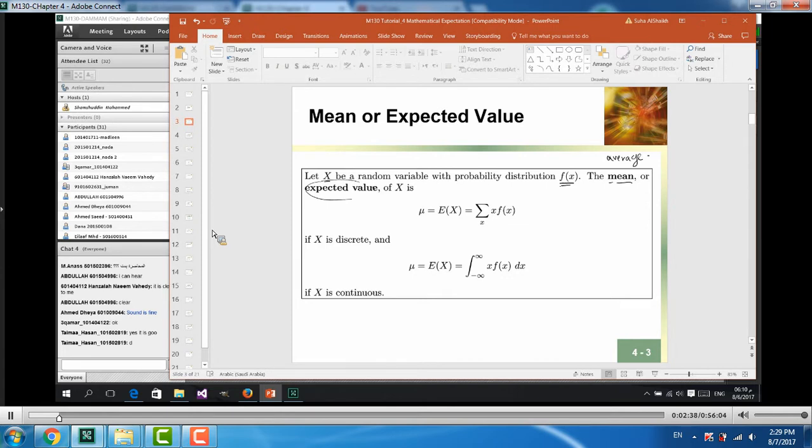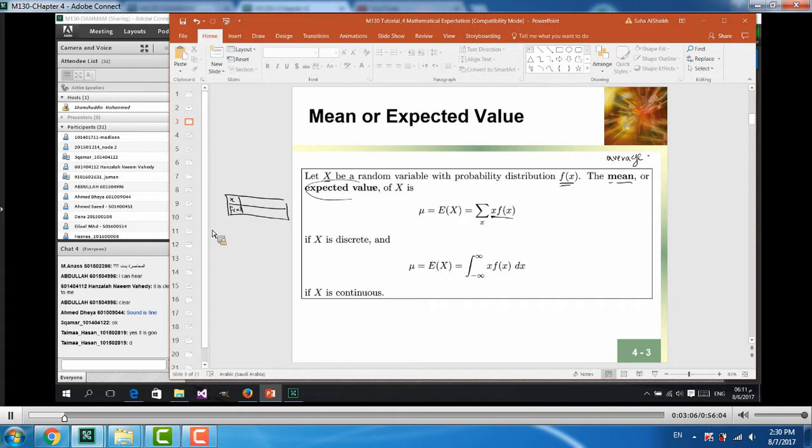So mu, the mean, the expected value of the random variable x. Be careful about the samples. Memorize samples very well. It's equal to the sum of all x's multiplied by fx. Do you remember when we have the table? We have x. For each x, I have fx, which is the probability of x.